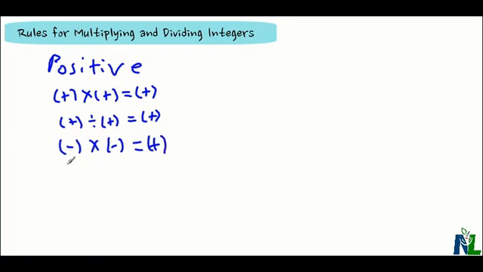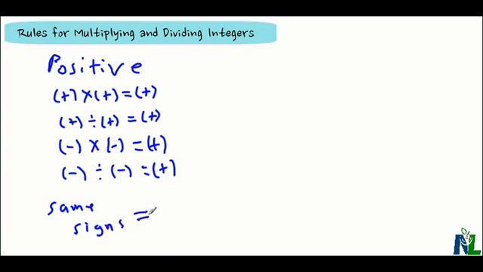And when we divided two negatives. So, what we see here is that if we have the same signs, we get a positive answer.